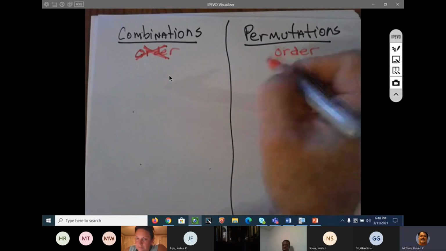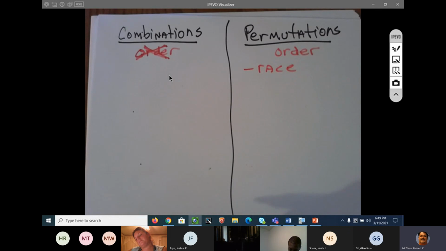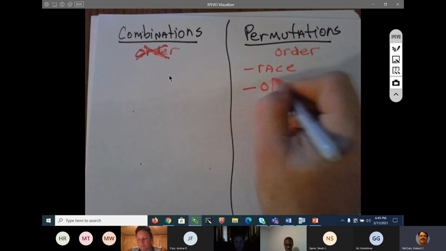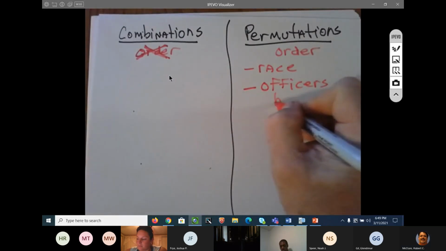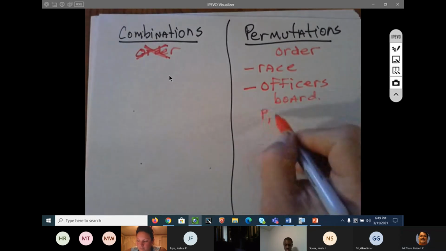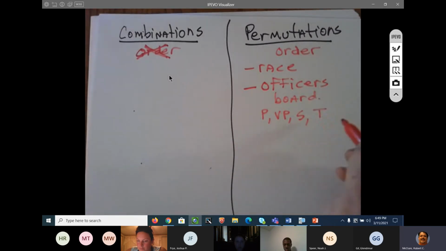Permutation, you may be asked about a race. What cars or what horses come in first, second, and third? And those are 2 test questions that I'm going to ask. You may be asked about officers on a board: president, vice president, secretary, treasurer.